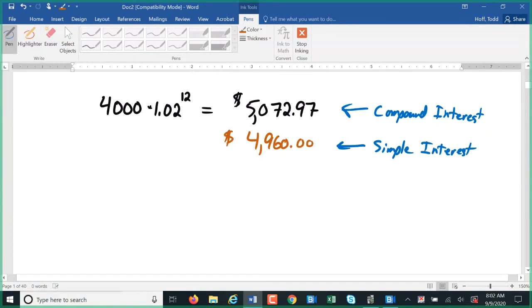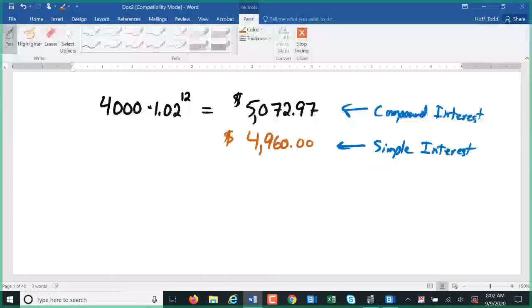So there's an extra $112 worth of interest here because of the compound interest. Compound interest is actually an extremely powerful tool and makes a difference over 3 years. It really makes a difference over longer periods of time.